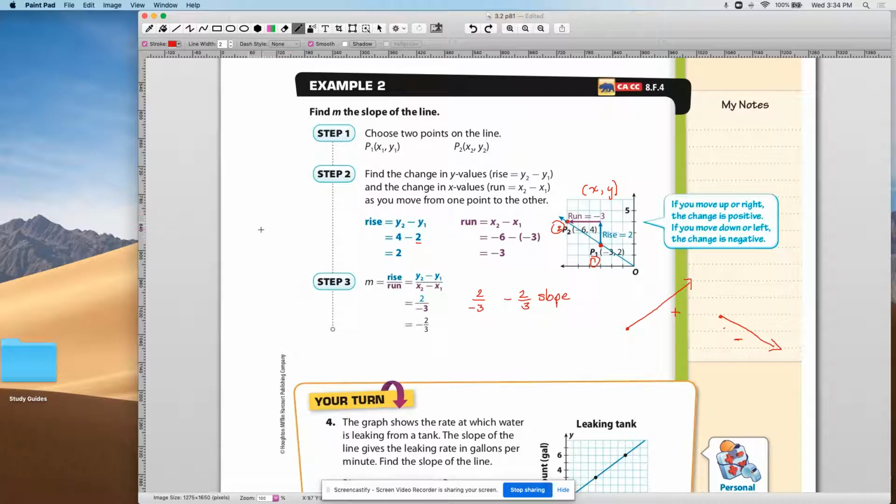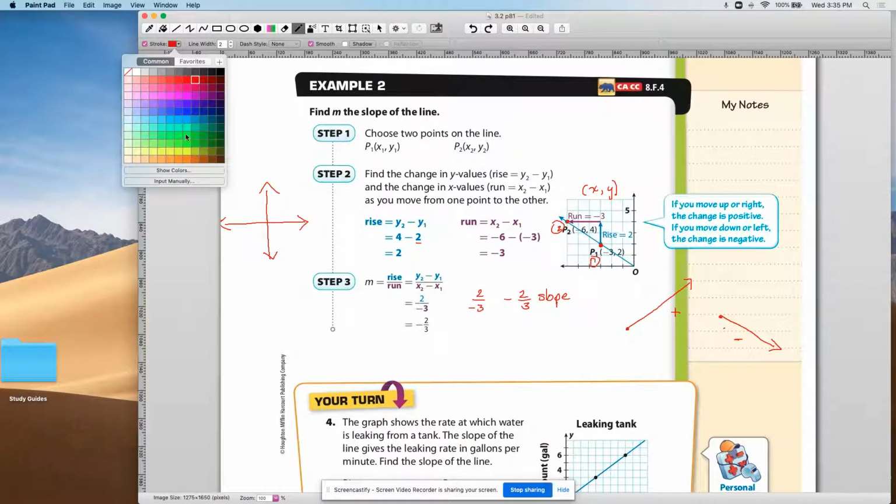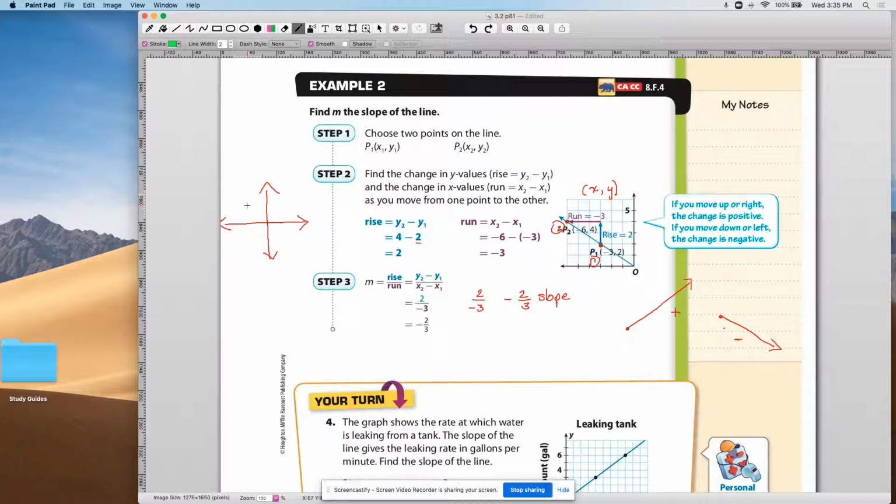We also have zero slopes. Okay. So if I have a coordinate plane like this, and I have a line, let's get a different color for my line. Let's choose green. I have a line going straight across like this. This is going to have a 0 slope. All right.